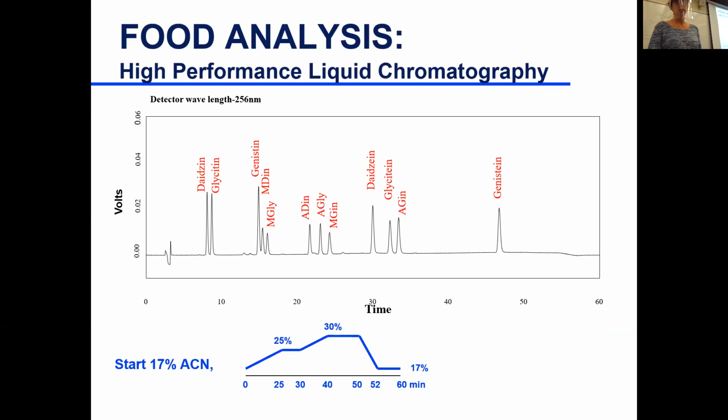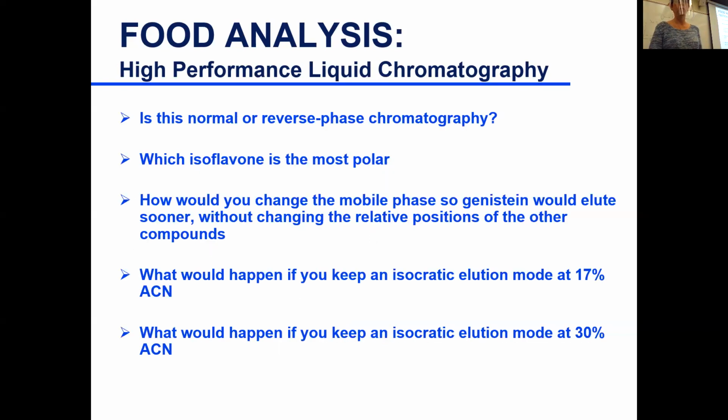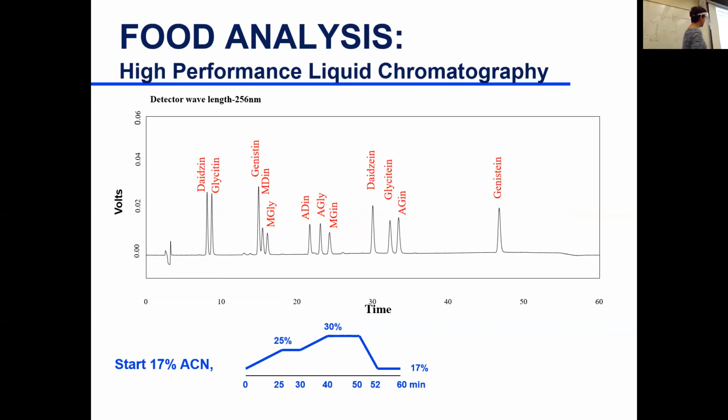Okay. How would you change the mobile phase so that genistein would elute sooner without changing the relative positions of the other compounds? So what I'm asking is, from 35 potentially to 48, 47, there are no peaks.